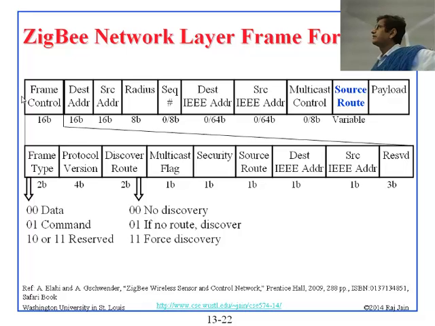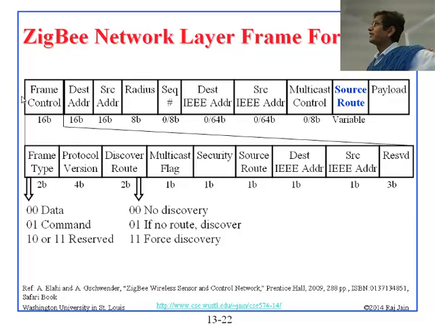Again, the header looks very similar, somewhat repeated in some sense, but you have frame control, destination address, source address, radius, and we'll talk about that. Radius is actually a name for hop limit or time to live. Then you have sequence number, destination address, source address, multicast control, and so on.